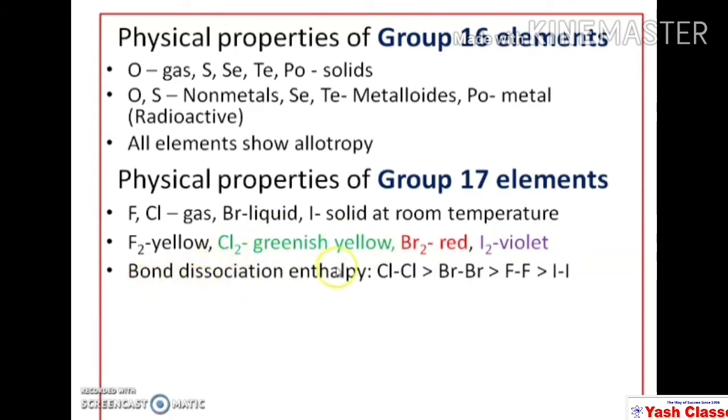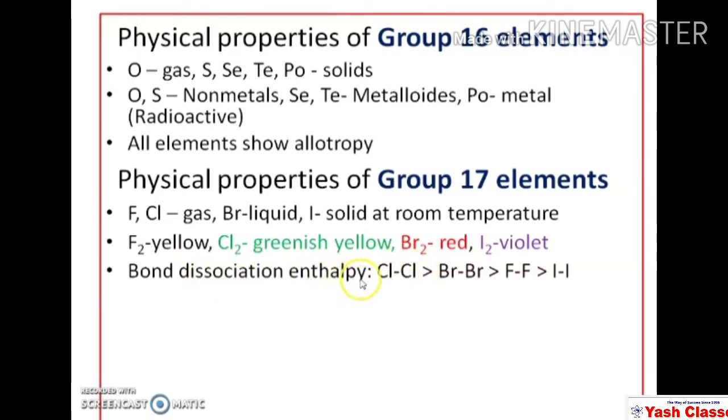Then bond dissociation enthalpy or bond dissociation energy. You know that bond dissociation energy is the amount of energy required to break the bond between atoms in 1 mole of compound.